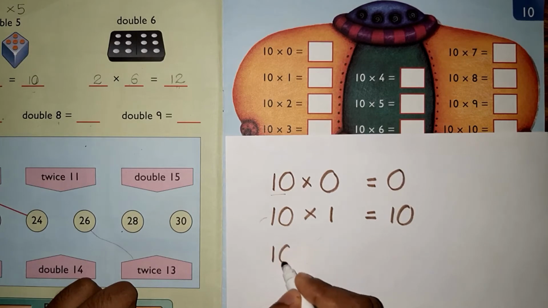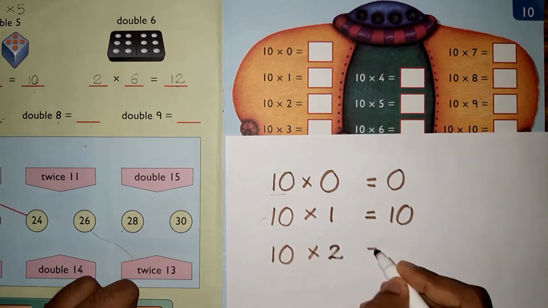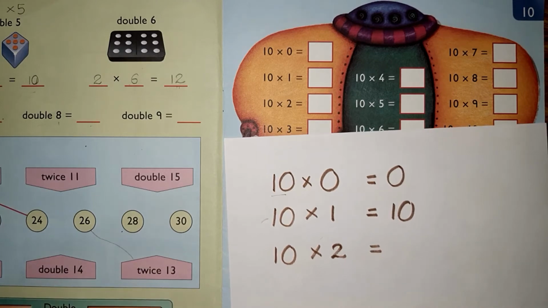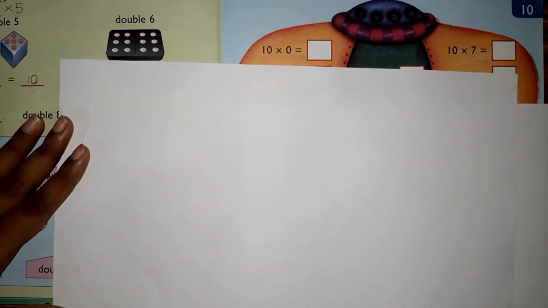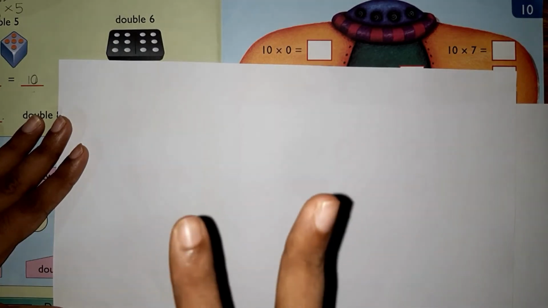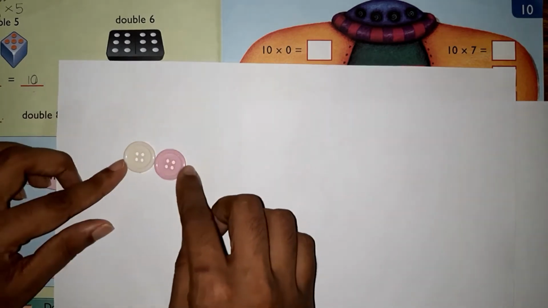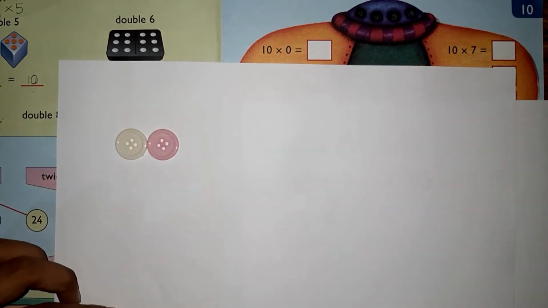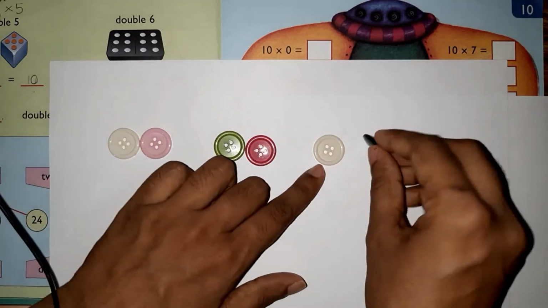Now 10 times 2. Okay, I'm going to do this with the objects. Today I have brought some buttons. Okay, now let's make 10 sets with only 2 objects. I have buttons here. 2 by 2, I'm going to make 10 sets.